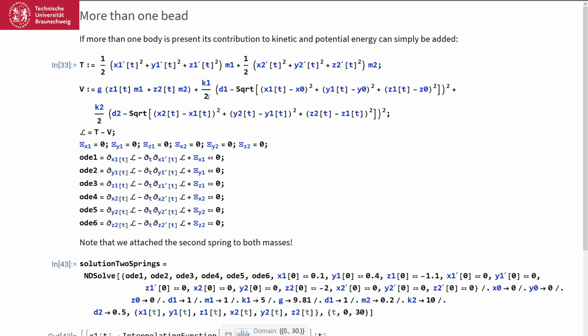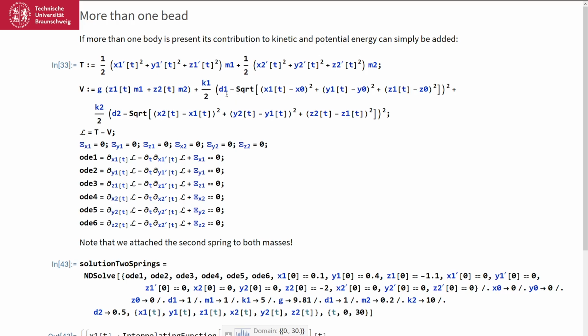Our assumption for the system, which I've not drawn but we'll see on the next slide, is that the first spring, which has the constant K1, is attached to a fixed point, like the ceiling, or you could say the origin of our coordinate system.